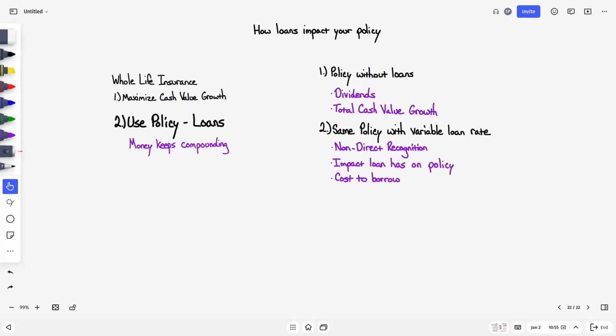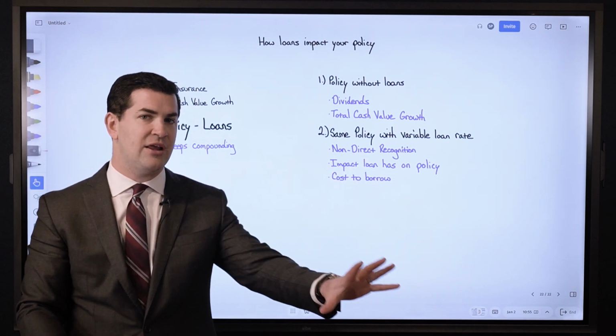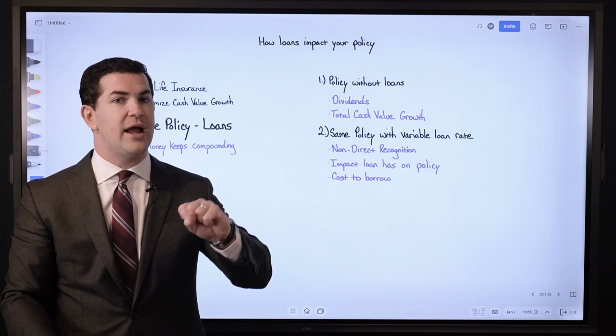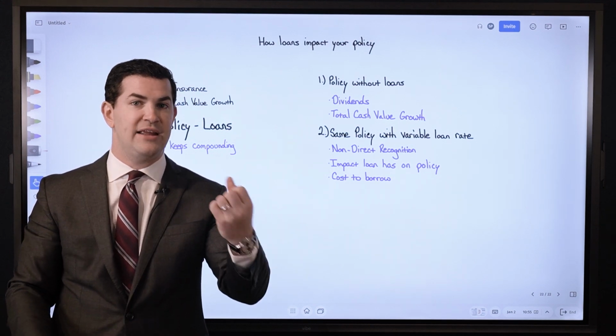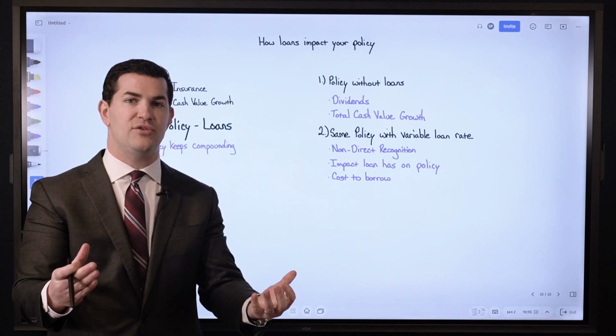And then what we'll do is look at that exact same policy, but what it looks like when we take loans with a policy that has a variable loan rate. So a variable loan rate typically results in a non-direct recognition policy. What that term means, non-direct recognition, is the fact that when you take a loan, the company does not recognize the fact that you take a loan with regard to how they apply dividends to your policy.